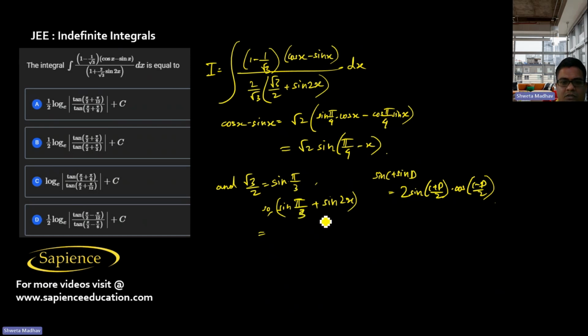So sine pi by 3 plus sine 2x is 2 sine pi by 6 plus x into cos pi by 3 minus 2x by 2, so it is pi by 6 minus x.